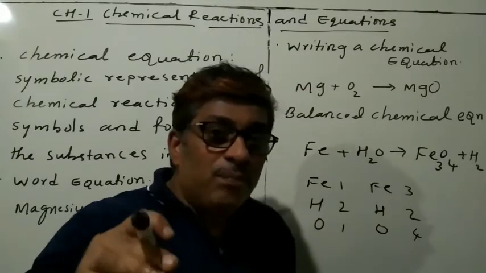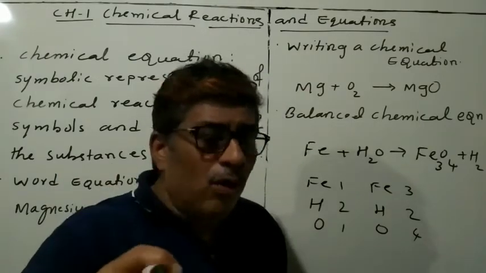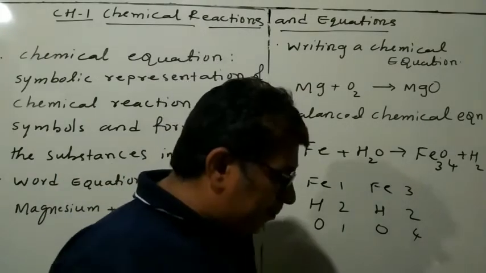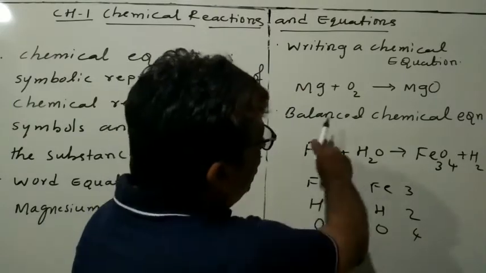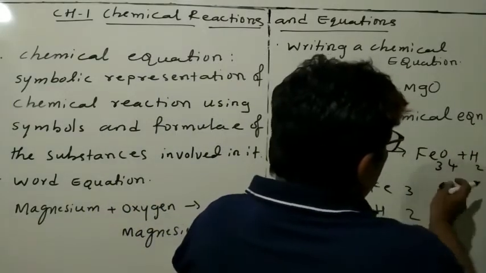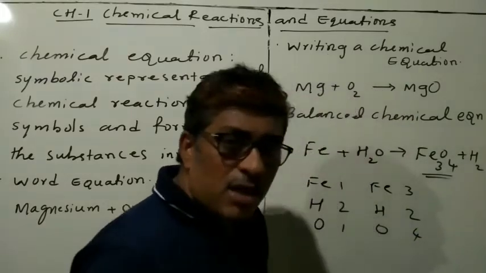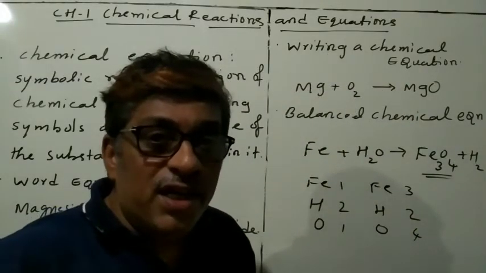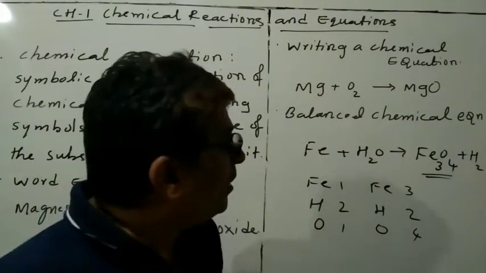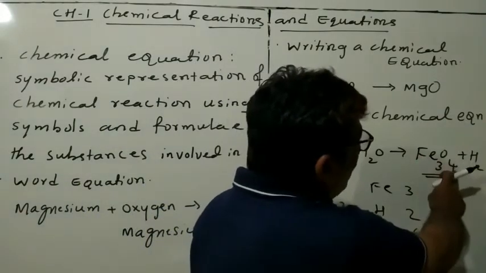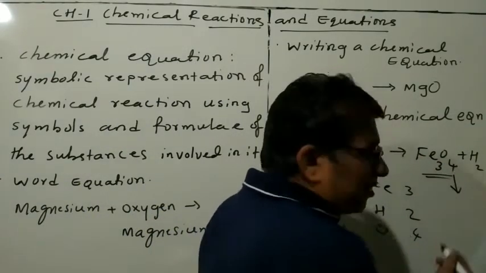the compound or element, whatever it may be, which contains the more number of atoms. See here, which compound has more atoms? And in that compound you have to see which element contains more atoms. So you know that it is oxygen.